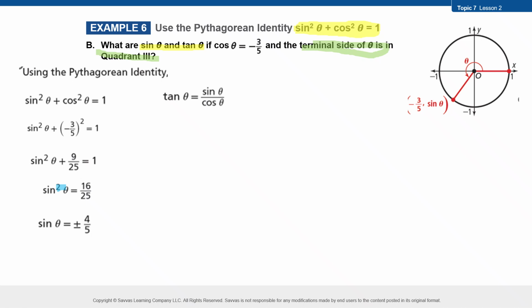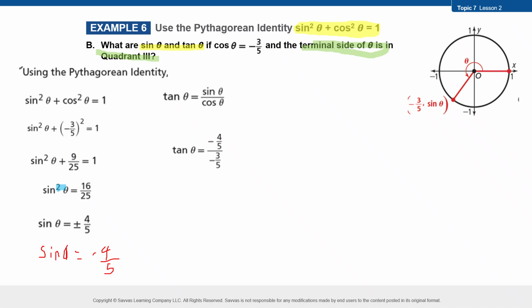Tangent is going to be sine theta over cosine theta. So sine was negative 4/5 because you're in quadrant 3, where sine and cosine are negative. So let me write this down right here so you can see. Sine theta is negative 4/5 only because I am in quadrant 3. The only thing that's positive is going to be tangent.